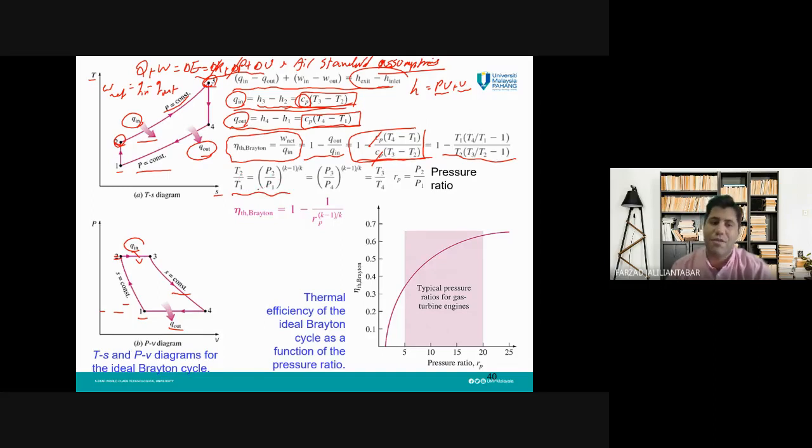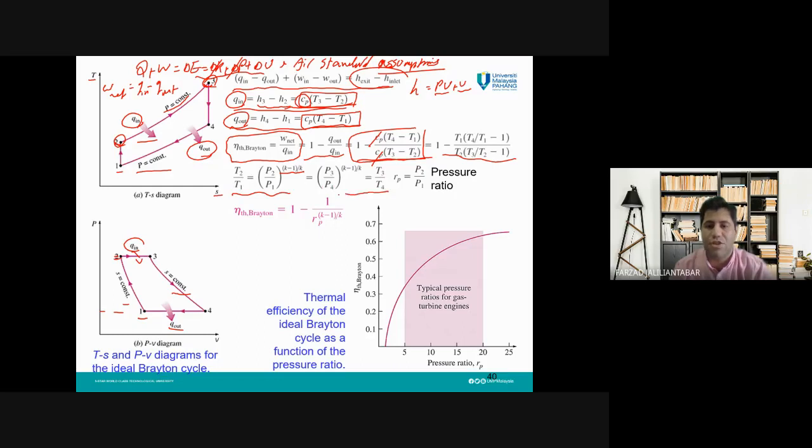Here, from state 1 to state 2 and from state 3 to state 4, we have two isentropic processes. Then we can write T2 divided by T1 is equal to P2 divided by P1 to the power of (K minus 1) divided by K. Here, K is the specific heat ratio, which for air is equal to 1.4. So we have this equation from thermodynamics for an isentropic process.